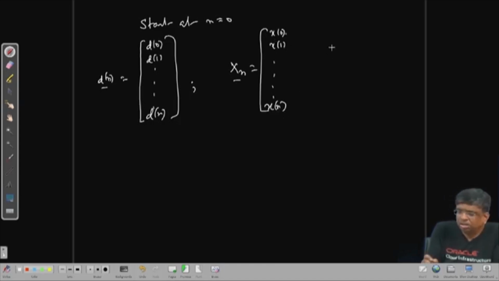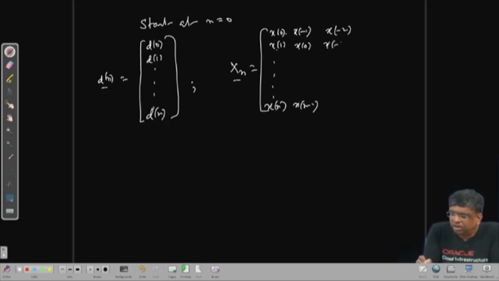The next column will be a one-cycle delayed version. So if it is x0, it will be x minus 1. If it is x1, it will be x0. If it is x n, it will be x n minus 1. The next column is another cycle delayed version. So it is x minus 1, x minus 2, then 1, 0, minus 1, then 0, minus 1, minus 2, n minus 1, n minus 2, and so on.